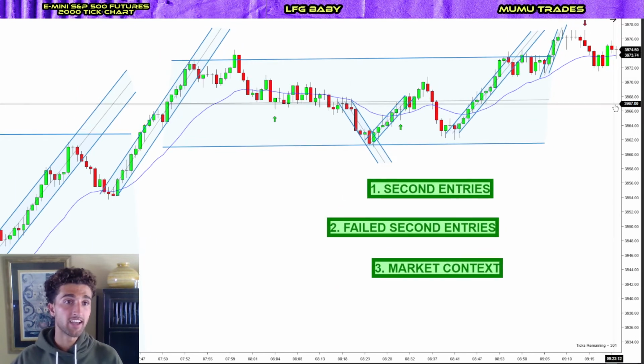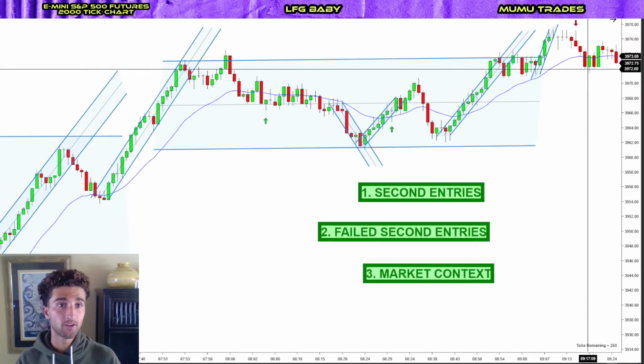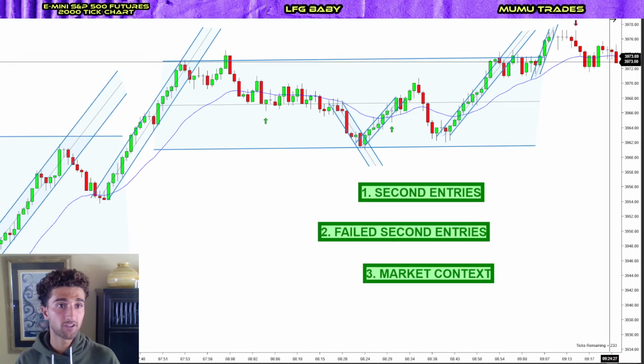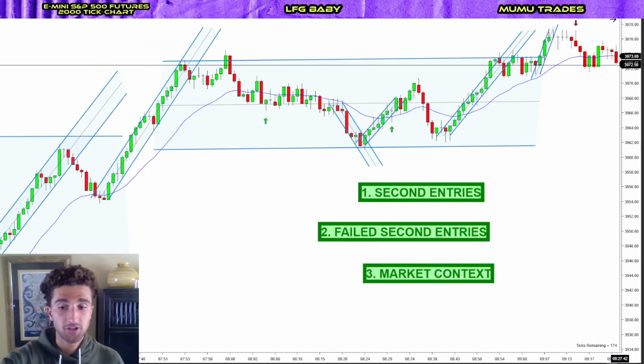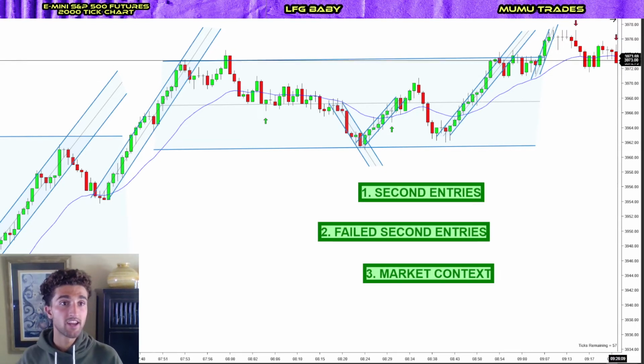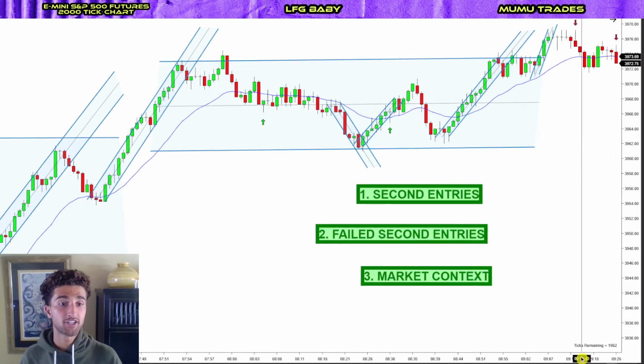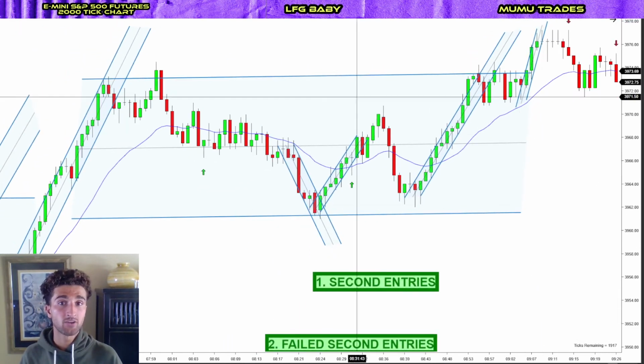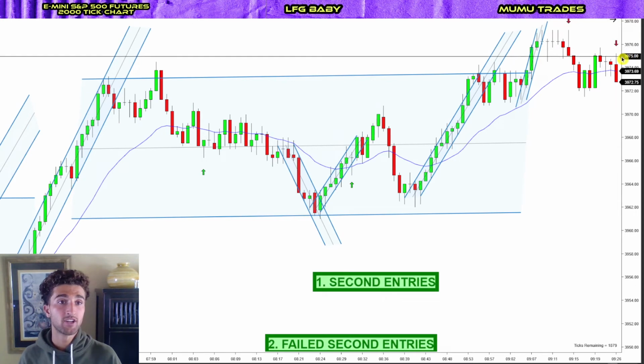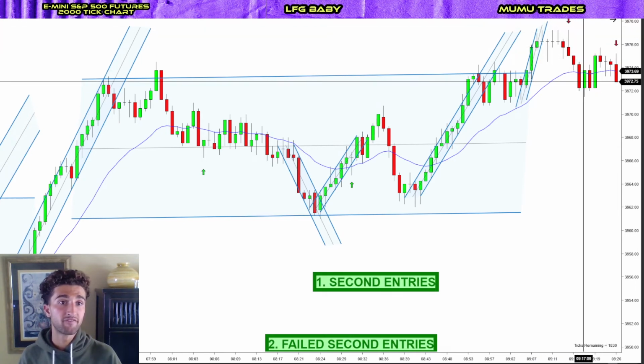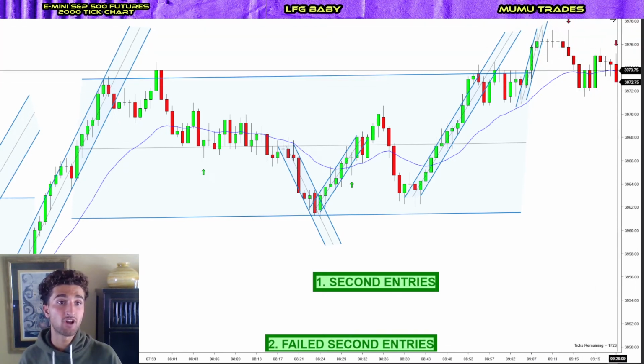And now we see another second entry short. We have this new low, a first entry short, second entry short. Nice bearish signal bar. And we're at the top of this trading range. We have a first entry long, second entry long, failure.